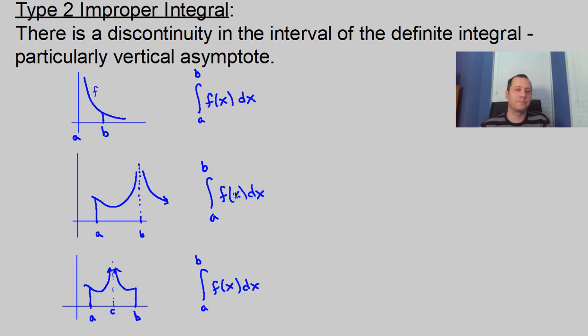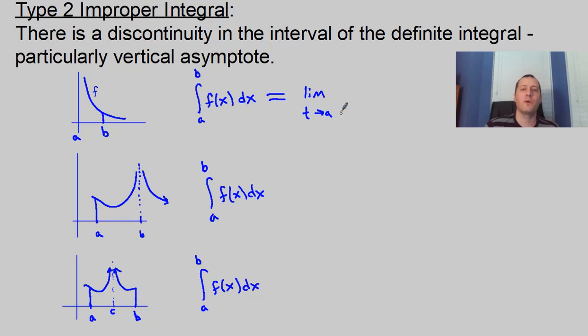So let's start with this first example, and look at the notation here and how to handle this. Since in this first example the vertical asymptote is at a, we're going to write this as a limit. I don't want to use x because I have x in my integral, so I'm going to use t, a different variable here.